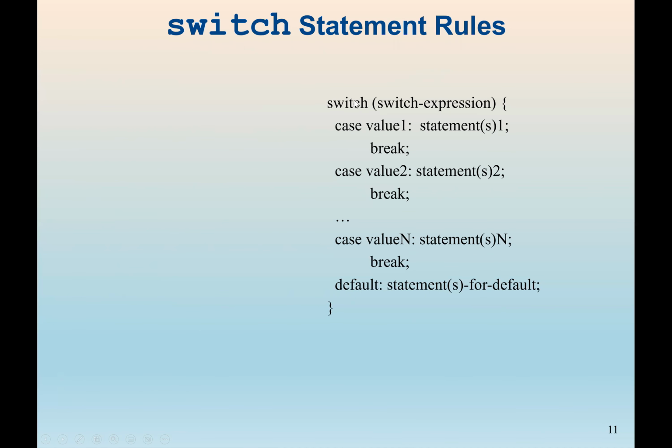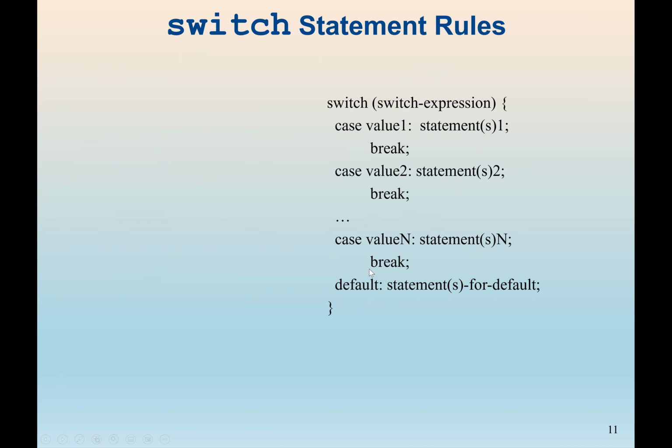And in this example again, switch, and the switch expression. If the value is 1, we execute statements 1, then we break. If the switch expression value is 2, then we execute statement 2, then we break, and we keep going until the default.